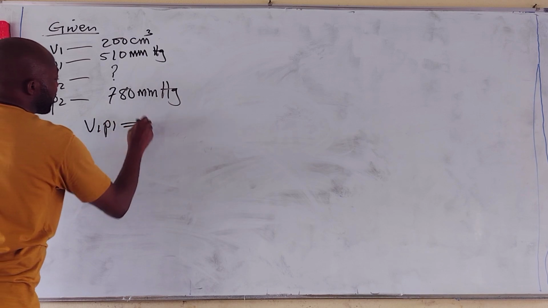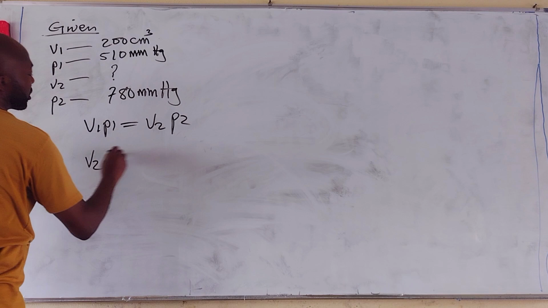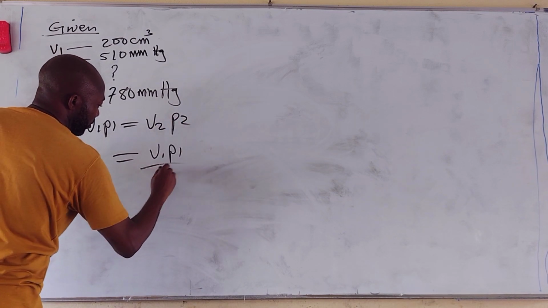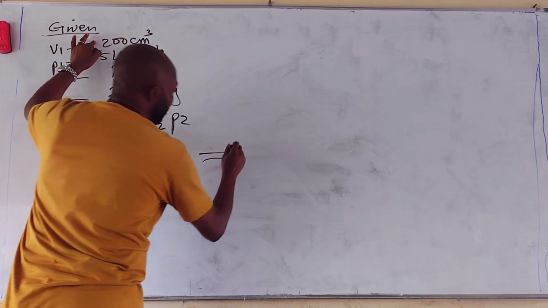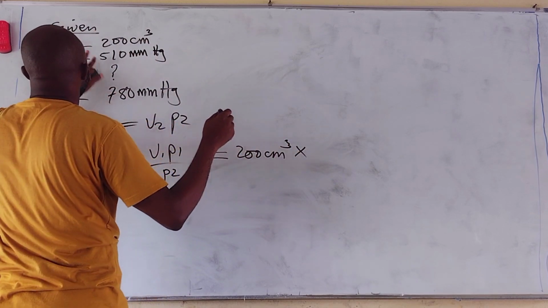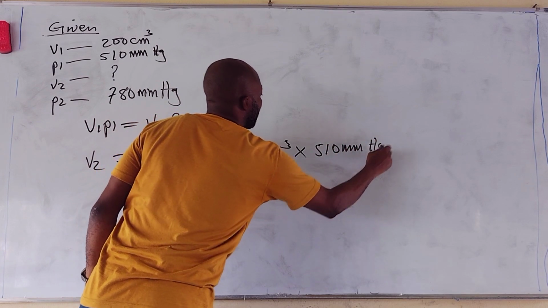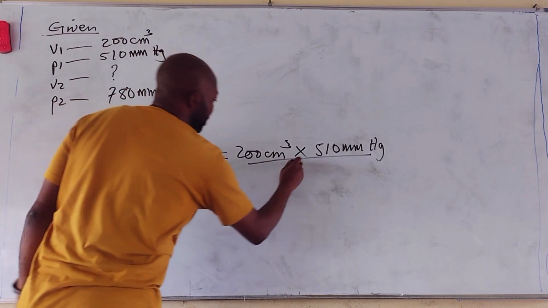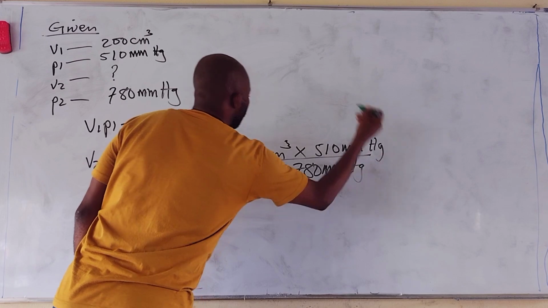V1 P1 equals V2 P2. V2 is equal to V1 P1 over P2, which is equal to V1 is 200 cm cube times P1 510 millimeter of mercury over P2 780 millimeter of mercury.